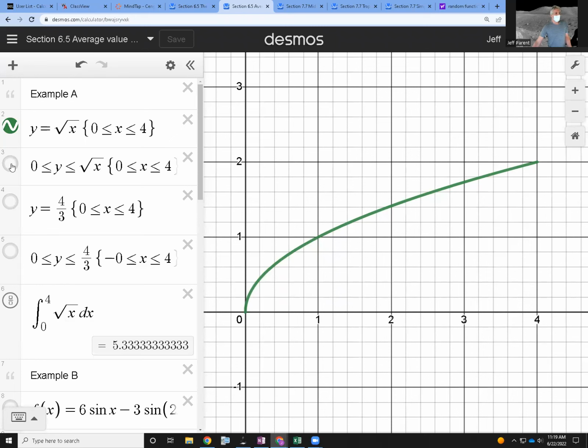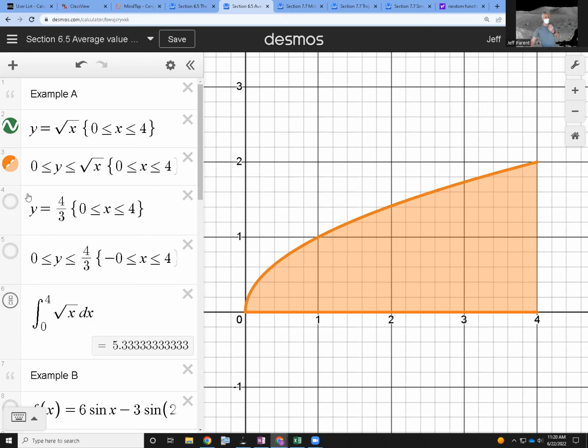And I want to start by finding the area underneath that curve between 0 and 4 and above the x-axis. So I'll do that. So example A. That means I'm going to need to integrate the function from 0 to 4 of the square root of x dx, amongst other things.